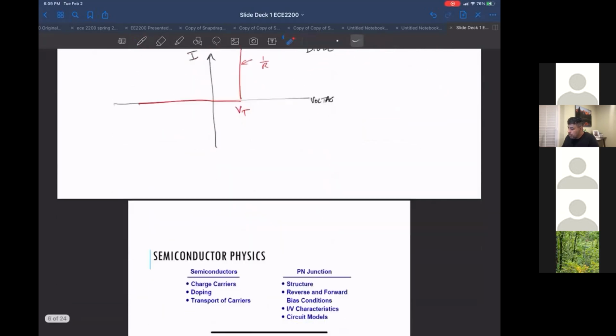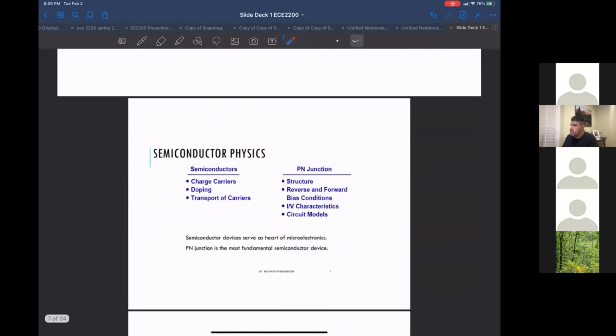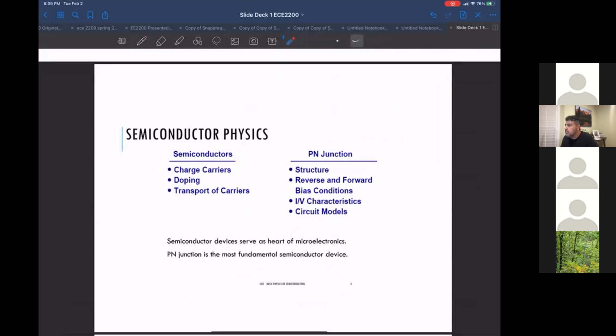First thing we'll talk about is what these nonlinear circuit elements are made out of. They're made out of things called semiconductors, which we're going to have to talk about a little bit. First we'll talk about what this material is. We're going to go through that super fast.